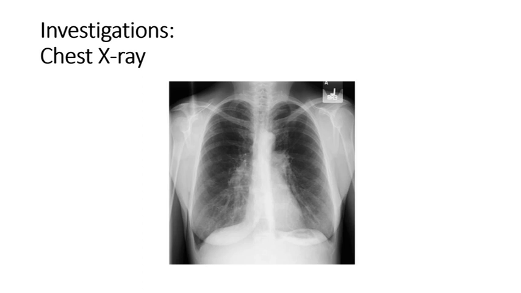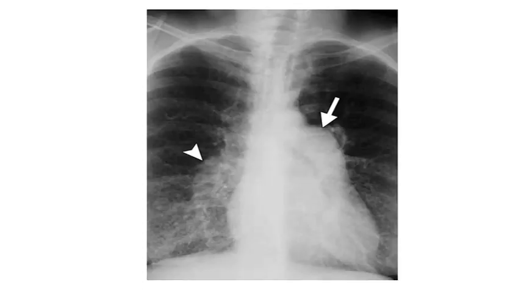Pruning means that the caliber of the pulmonary arteries, the vascular markings, would be very small in the periphery of the lungs. So there is central plethora and peripheral oligemia. As you can see here in this chest X-ray of a patient with advanced pulmonary hypertension, there are centrally dilated pulmonary arteries with peripheral oligemia.